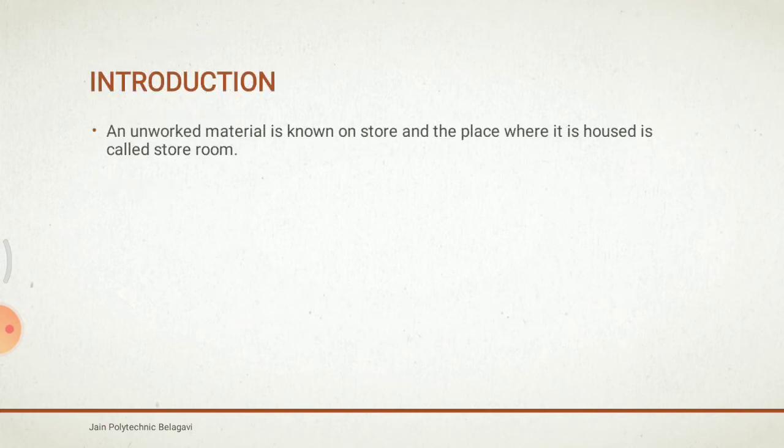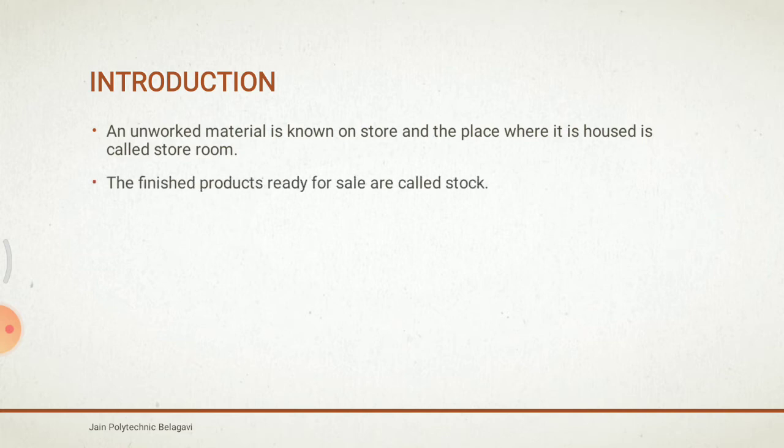So what is stores? In stores management, you have to learn about stores. Generally, unworked material is known as a store, and the place where it is housed is called a storeroom. The finished products that are ready for sale are called stock, and the place where they are kept is called a stock room.